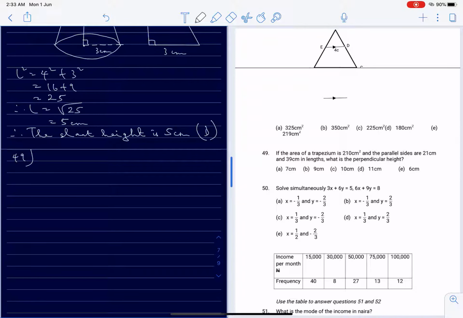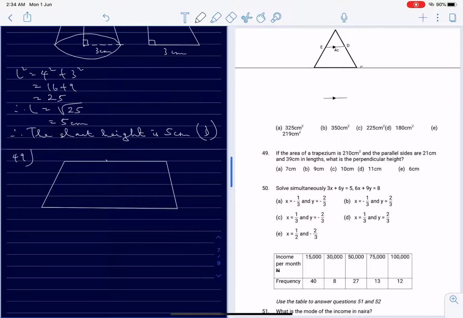49. If the area of a trapezium is 210 centimeters squared, and the parallel sides are 21 centimeters and 39 centimeters in length, what is the perpendicular height? Alright, let's have a sketch of a trapezium for clarity. This is what a trapezium looks like.